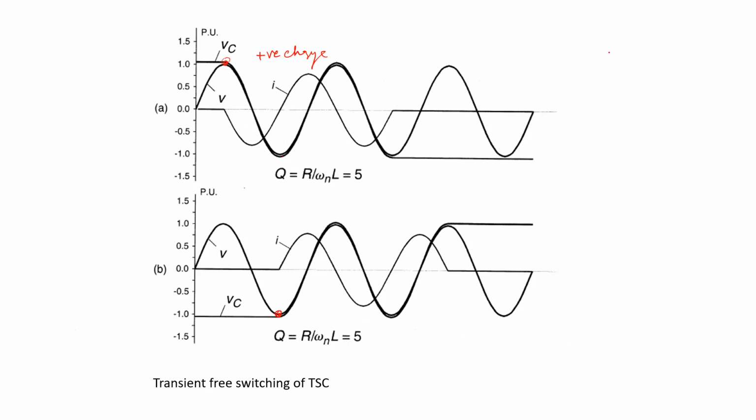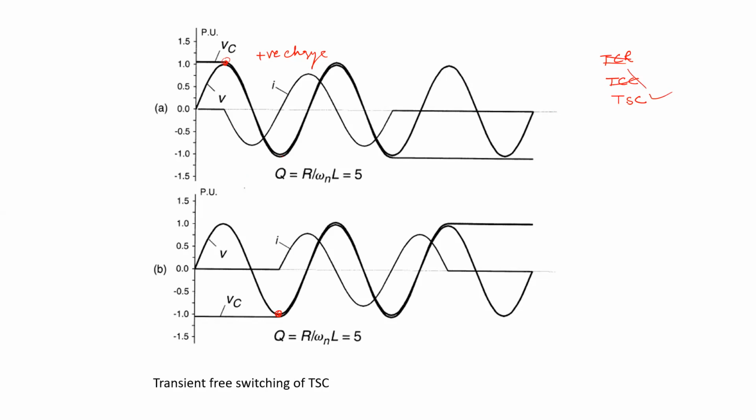So it is not a thyristor controlled reactor, because we are not able to turn on the thyristor to partially conduct the capacitor. Therefore, there is no thyristor controlled capacitor; there are only thyristor switched capacitors.